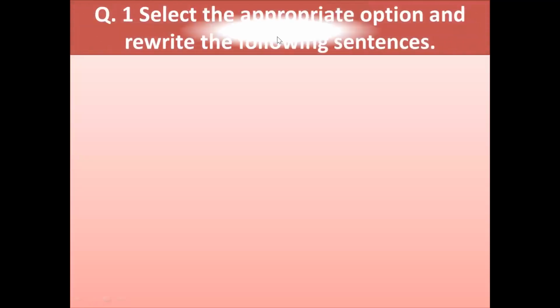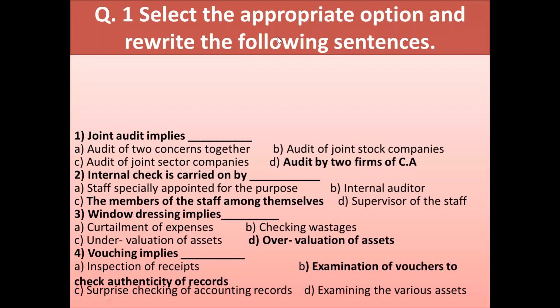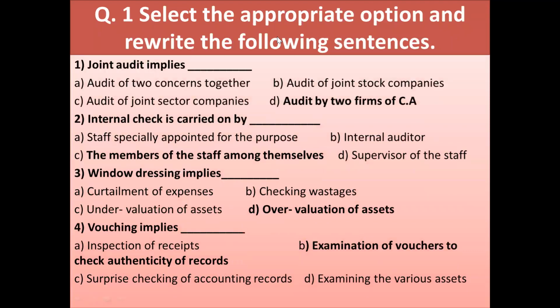Most preferably, the MCQ is the popular one. In an examination, like a university examination, you have to rewrite the sentence with the correct option. Just see the examples. Here you can see the first question: the joint audit implies dash.